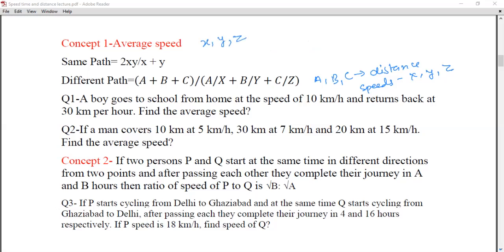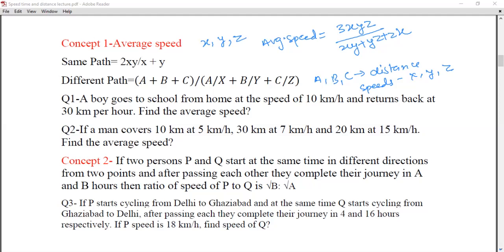In order to find the average speed, we will use the formula 3xyz over xy plus yz plus zx. So this is the case when three speeds are given along the same path.